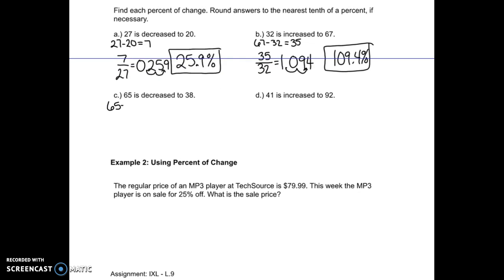C, so we're going to do 65 minus 38. We get 27. 27 over 65 is our original amount. 27 divided by 65 is 0.415. Move it 2 places, so we get 41.5%.